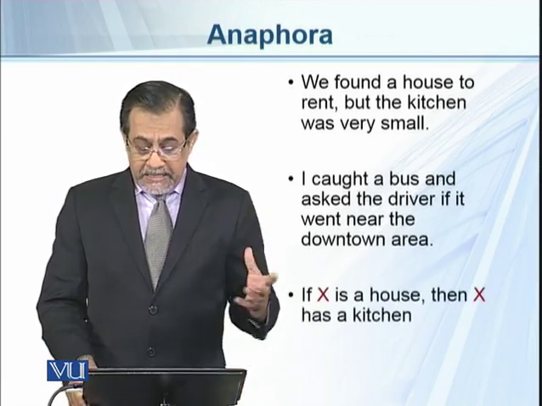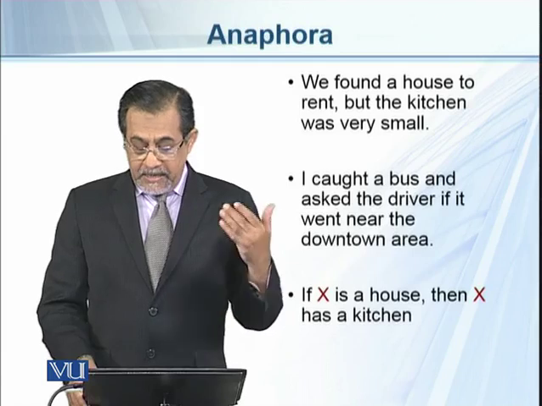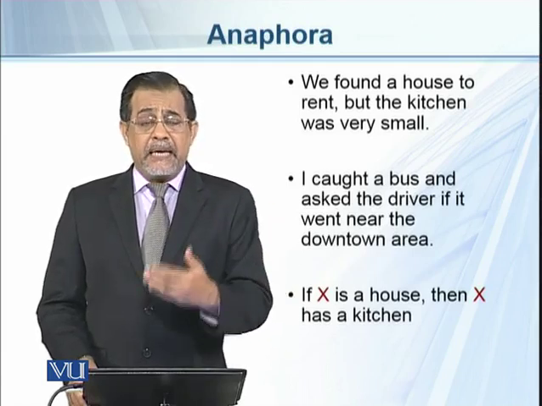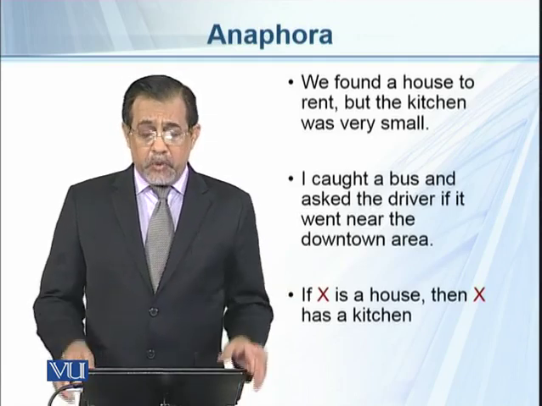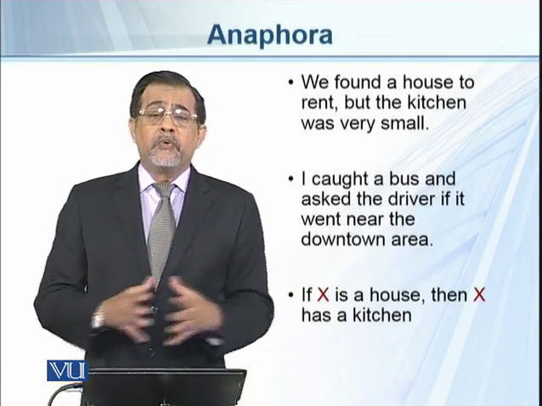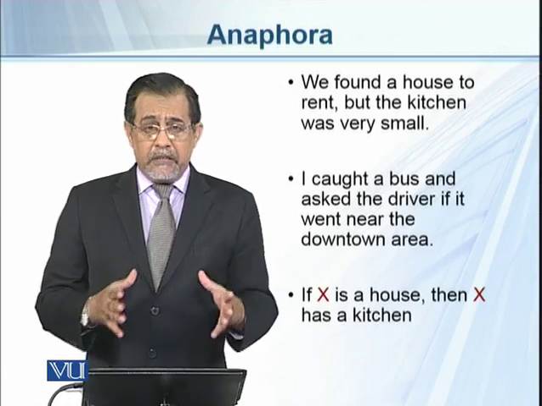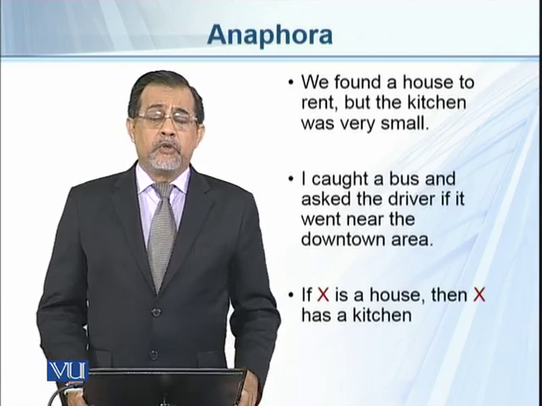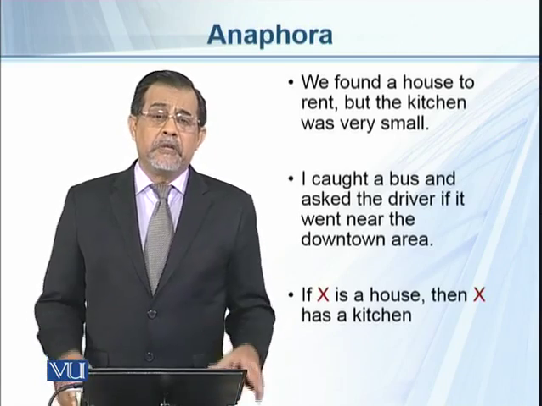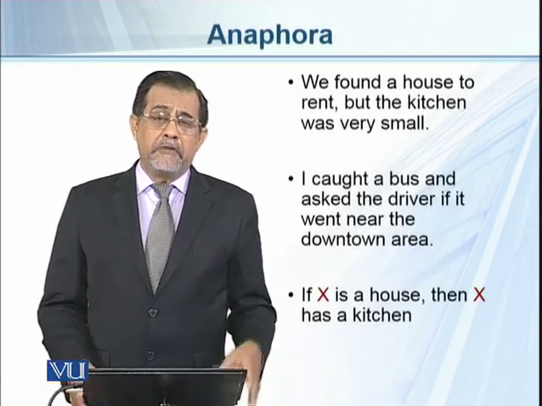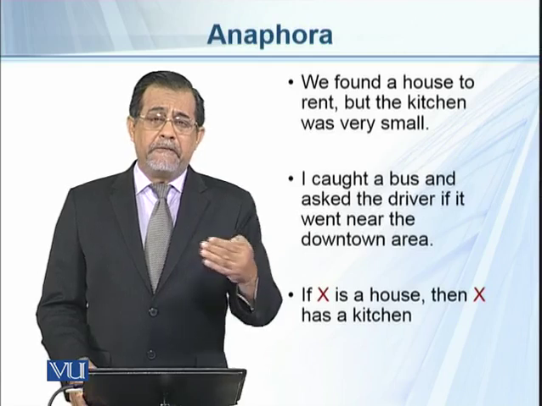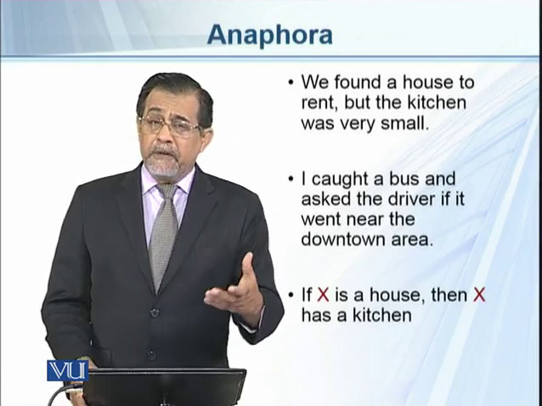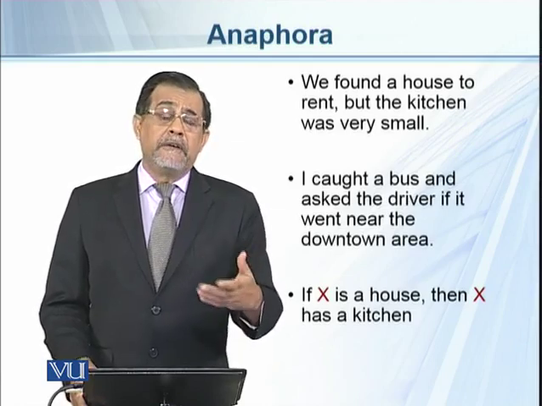If X is a house, then X has a kitchen, and if X is a bus, then X has a driver. So to refer back to an antecedent is the process of anaphoric expression. We make anaphoric expressions quite often in our conversation. We do this process by using pronouns, by using a verb, by using a phrase.